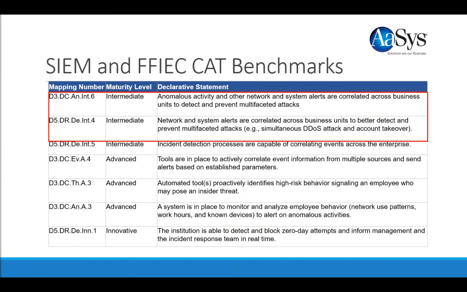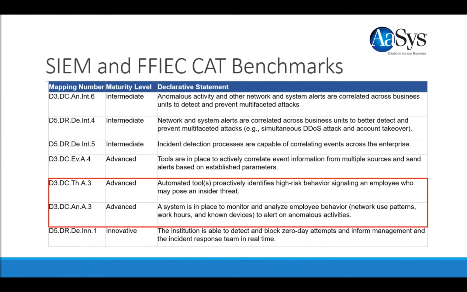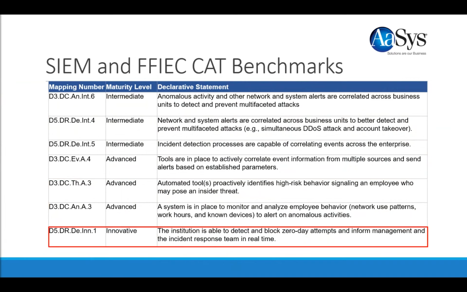You'll notice that it also satisfies those components that refer to detecting insider threats, as SIEM is especially adept at recognizing employee behavior that falls outside the norm. You'll also see the final item here expects you to be able to detect and block zero-day attempts. SIEM is the best tool for detecting zero-day attempts since it can detect anomalies across such a wide range of sources.